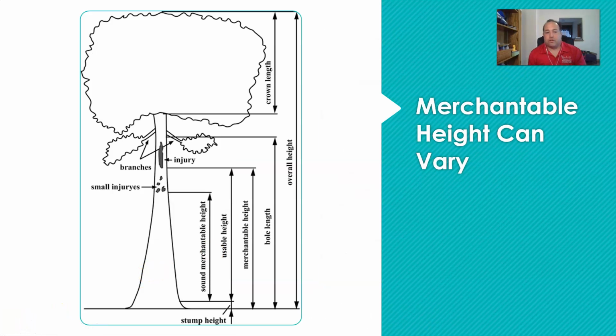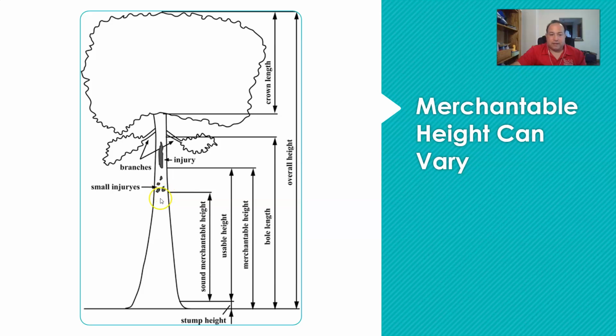So I brought in this graphic right here on the left to really just give you this idea that merchantable height can vary and can vary a bunch. So if you have these branches and injuries here and smaller injuries here, are you going to say that the usable portion of the stem is from the stump height to these branches right here? Or because of this injury, are we going to cut it off here?